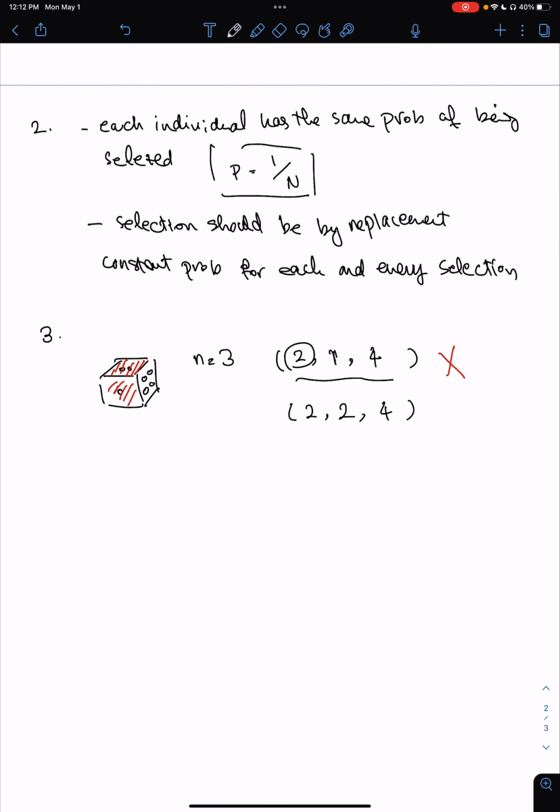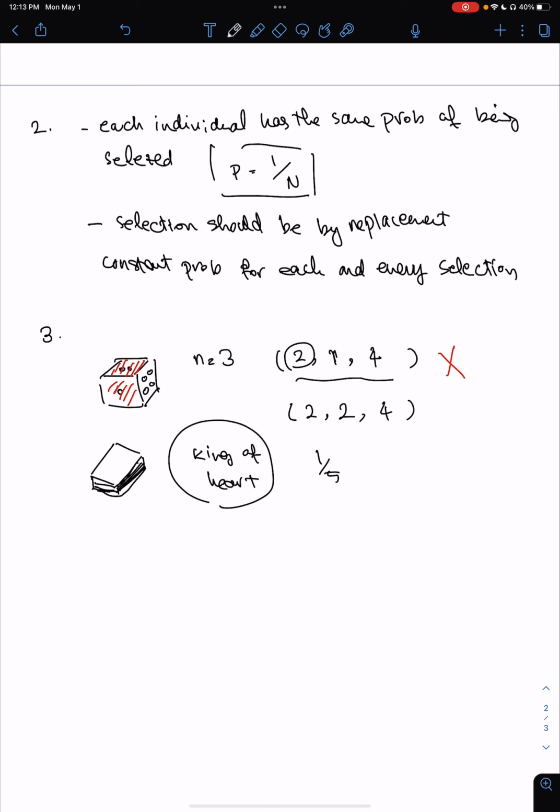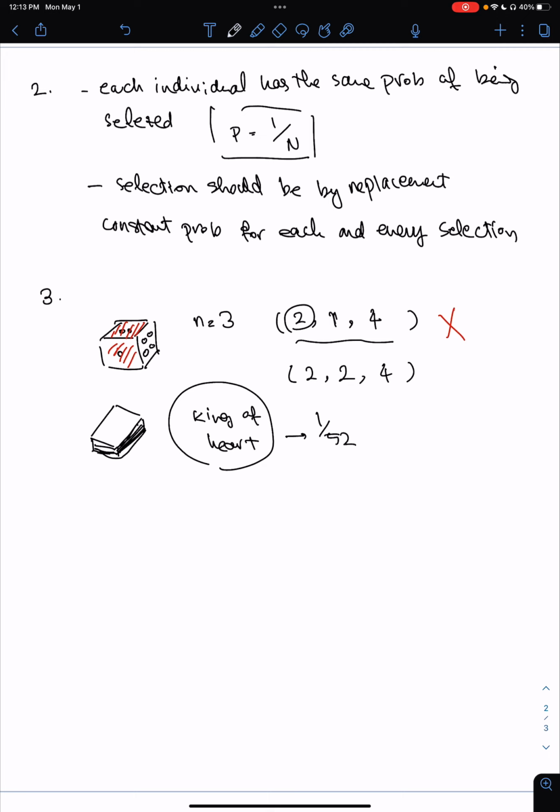Again, a better example would be a deck of cards. Imagine you pick a card. What is the probability of picking, for example, the King of Hearts? It is 1 over 52, because we have 52 cards in the deck.